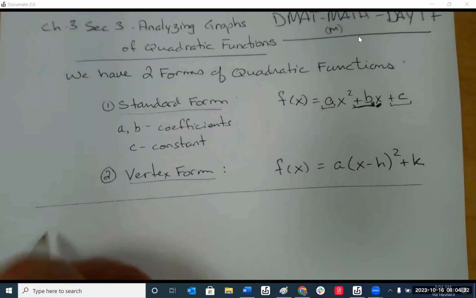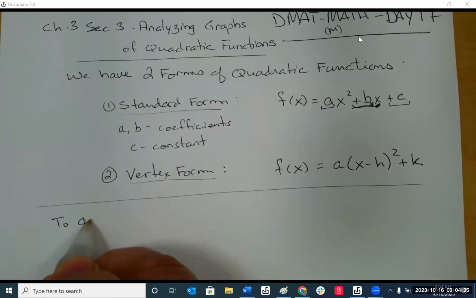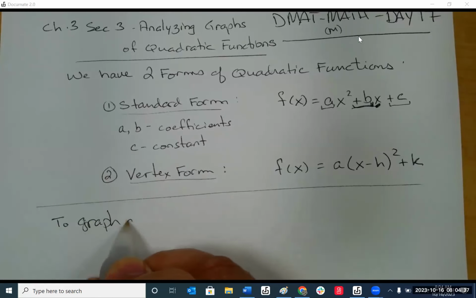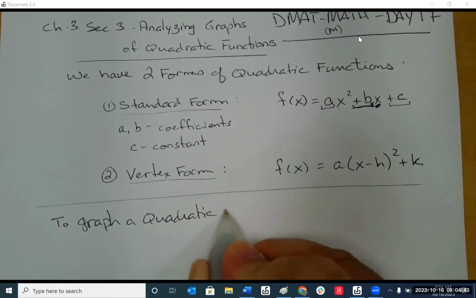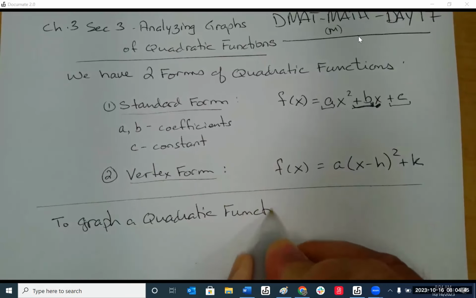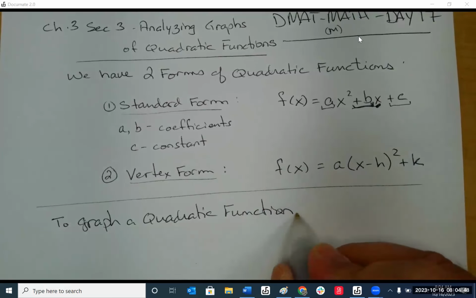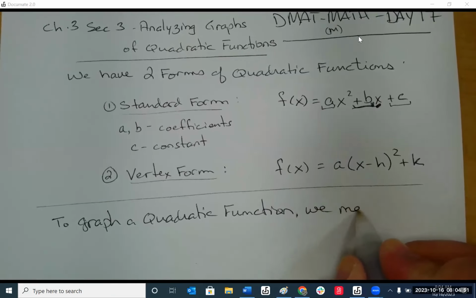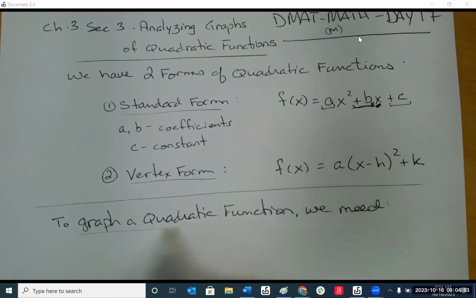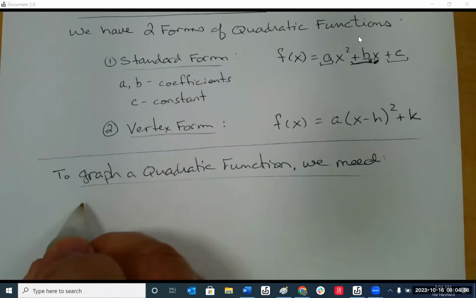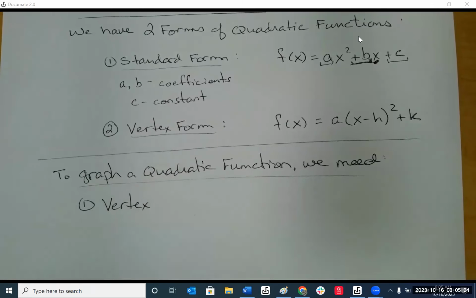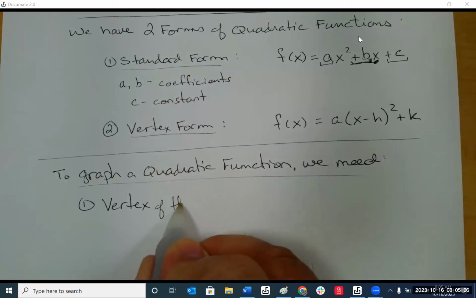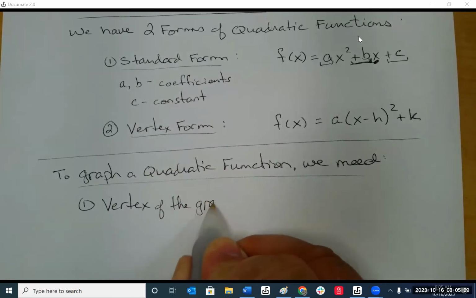Well, to graph a quadratic function, we need the vertex of the graph.